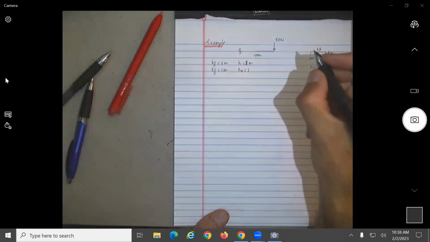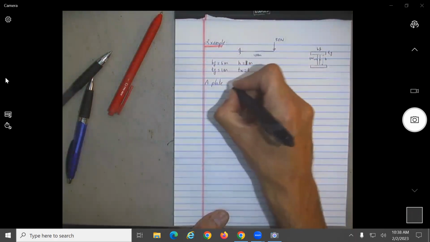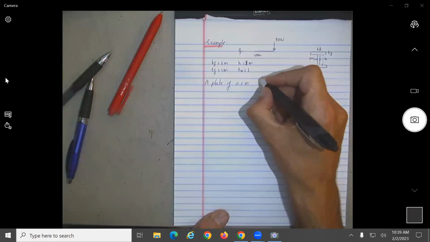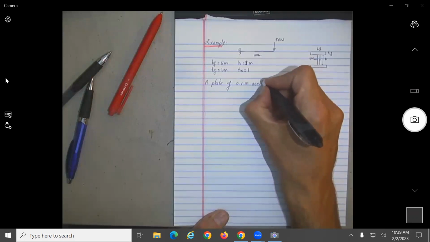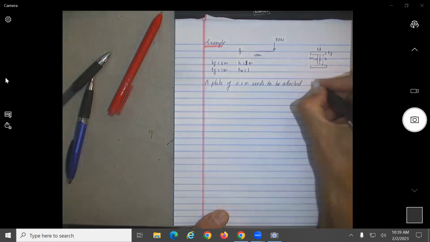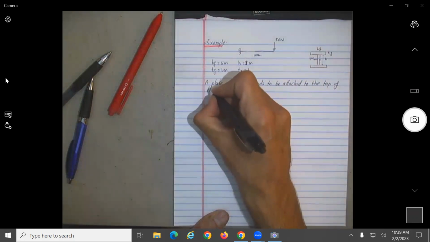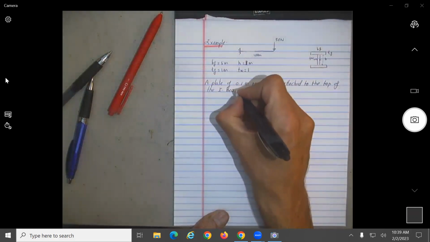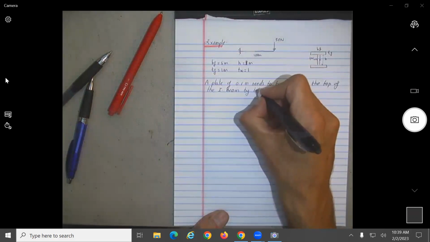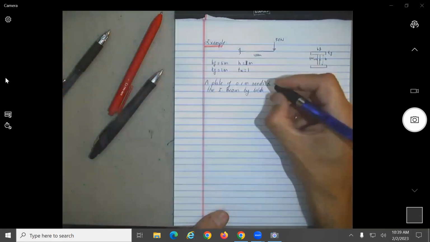All right, so let's say this. A plate of, let's say, 0.1 meter is to be attached on top of the beam of the I-beam, by bolts.